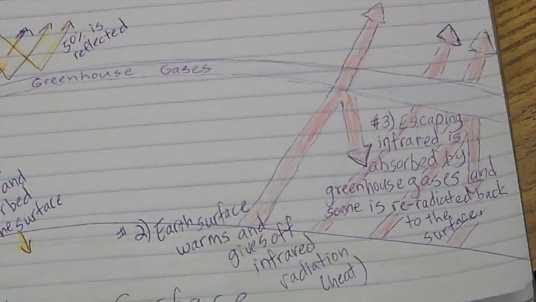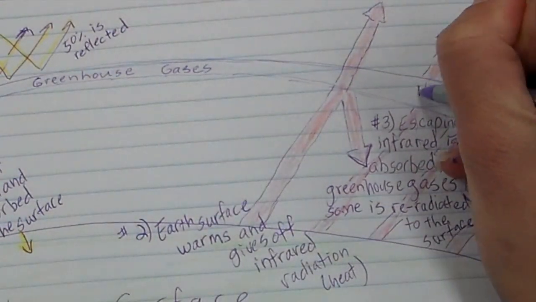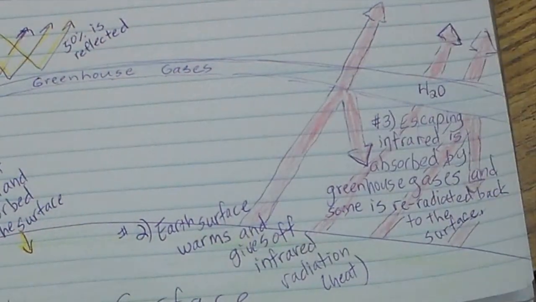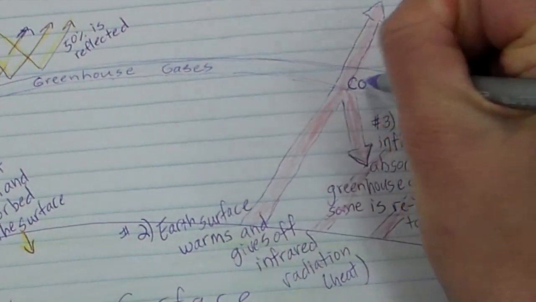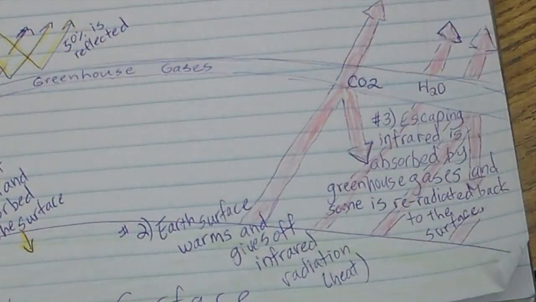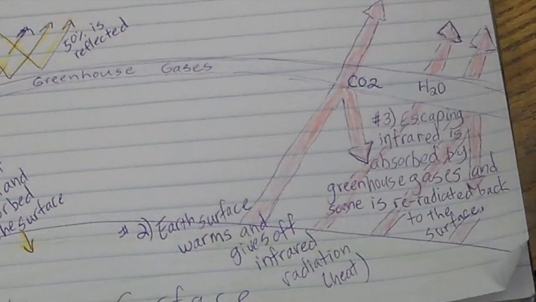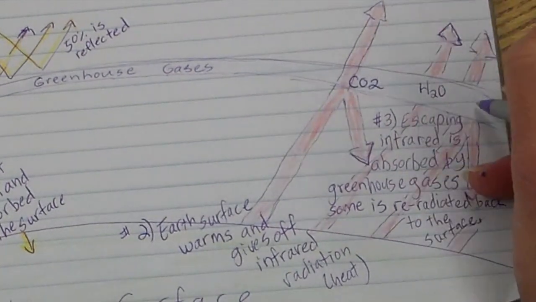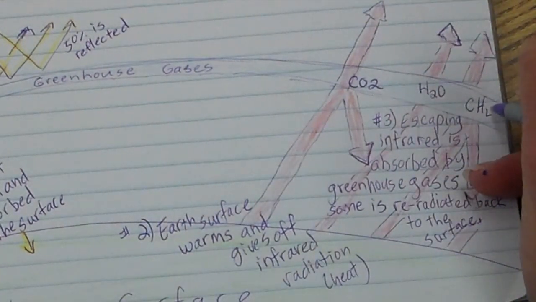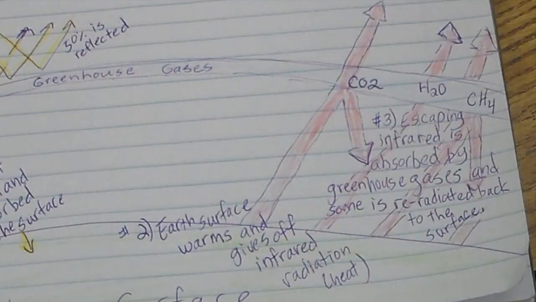And then I'm also going to add here H2O, that's one of our greenhouse gases that is doing this. Carbon dioxide, that's one of the gases that's doing this. We also have CH4, our methane. So the greenhouse gases are the reason why the infrared radiation is going to get trapped, and that's going to keep Earth warm.